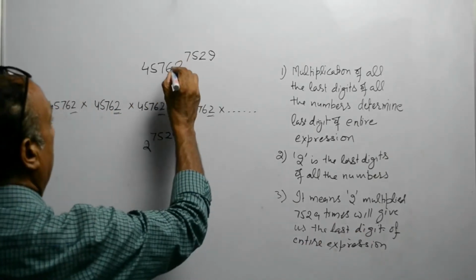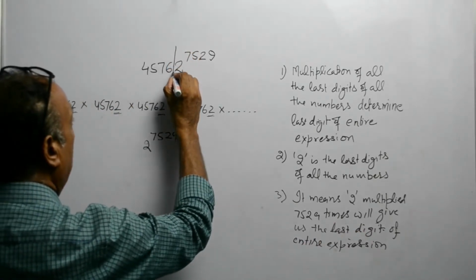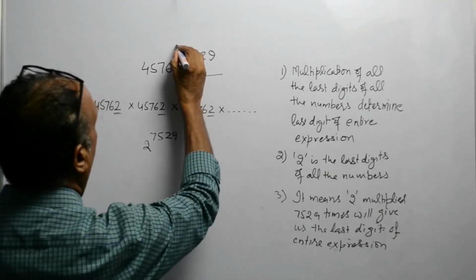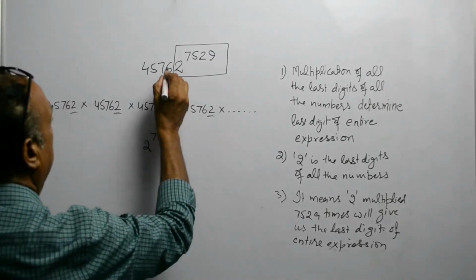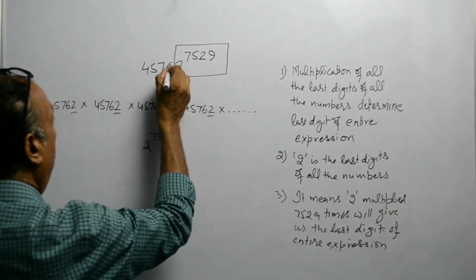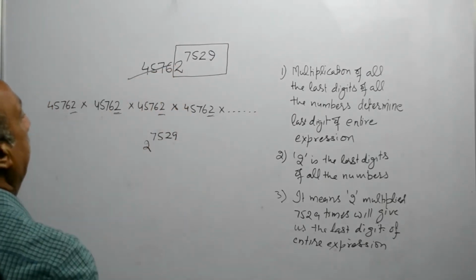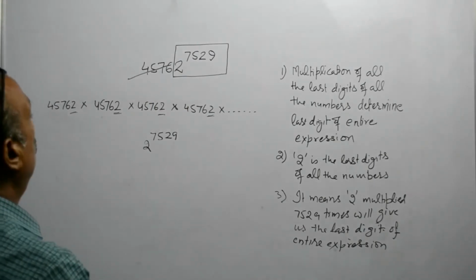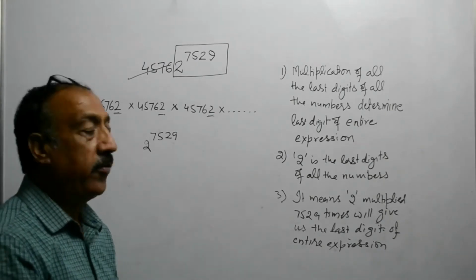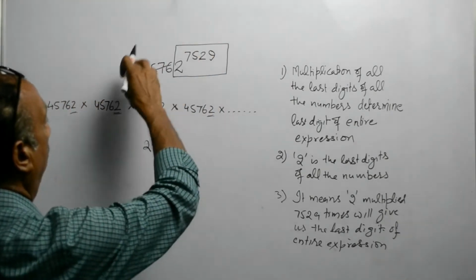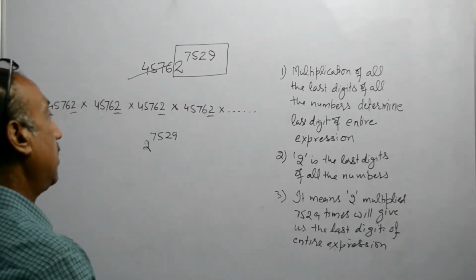It means we are to focus our attention only on this portion of this expression. It means this 4576 is just a superfluous number as far as calculation of last digit of this expression is concerned.